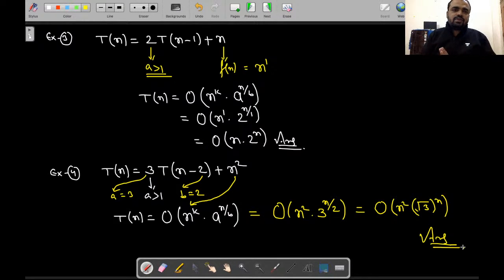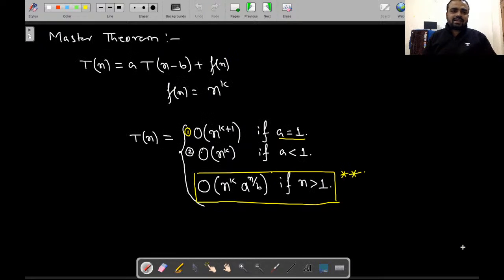So in this way you can solve any question related to the subtract and conquer recurrence relation. The master theorem is basically applicable for two kinds of recurrence relation. One is divide and conquer and the second one is subtract and conquer, and you can apply the master theorem to either method.